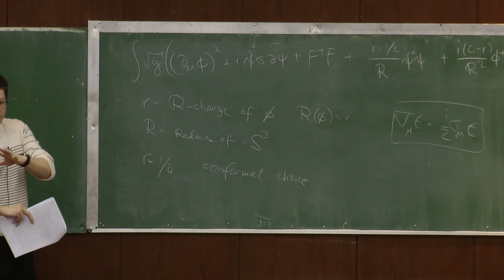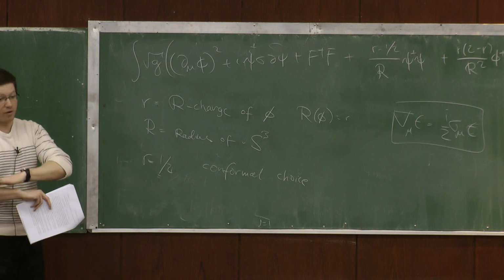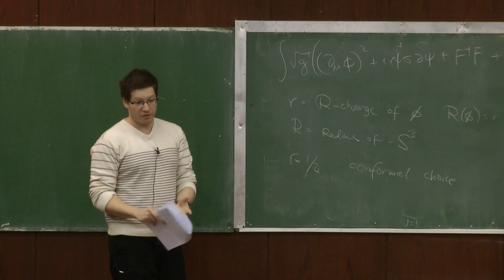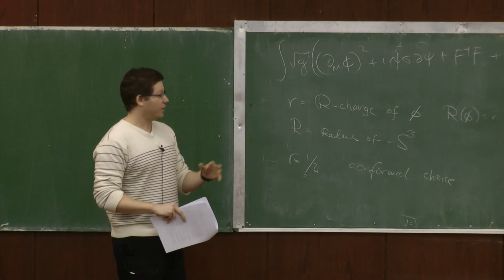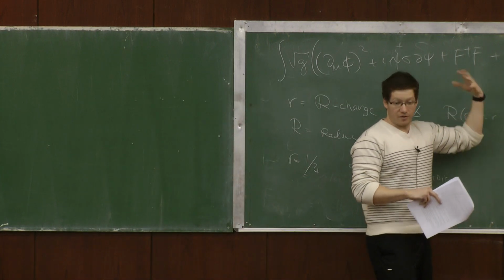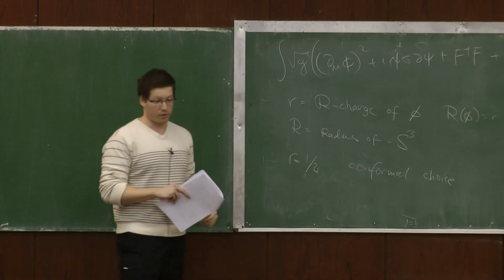If r is not equal to a half, this theory does not describe the conformal map of any physical theory in flat space. It's just an isolated theory in the sphere that does not come from a conformal mapping of any theory in flat space. But if r equals a half, you see that the physical interpretation of the theory is restored. It's reflection positive, it's real, and you can interpret it as the conformal map of a conformal theory in flat space.